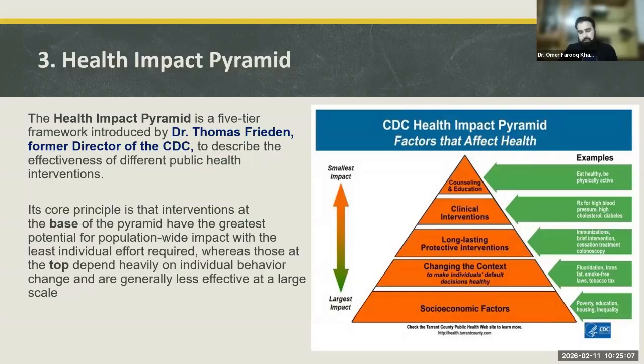Then there are clinical interventions which may help some person, but which are not readily available to all of the populations. So that is why they have a very less impact factor on a societal level.